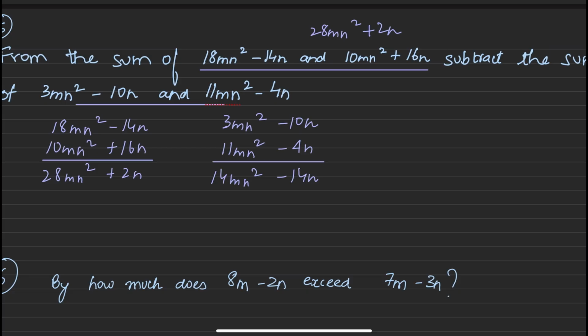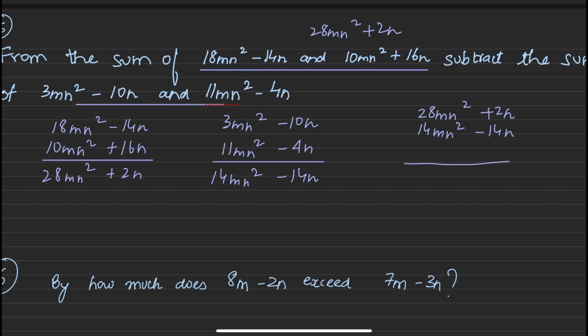So we just have to now realize what is going to come in the first line from the sum of this. So first this will come. So 28mn square plus 2n. Second line, this is the second line. 14mn square minus 14n.